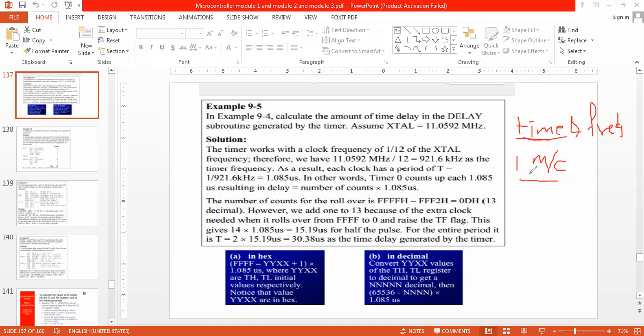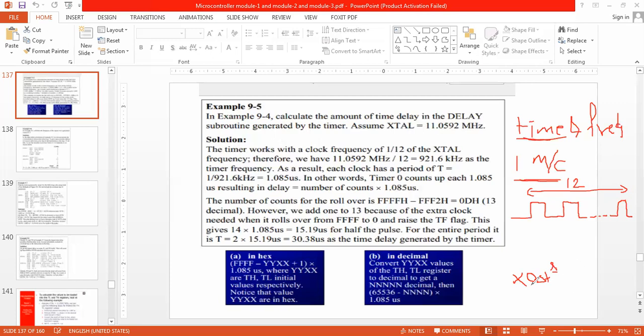So basically one machine cycle is 12 clock cycles, within the complete crystal oscillator that is connected to 8051.